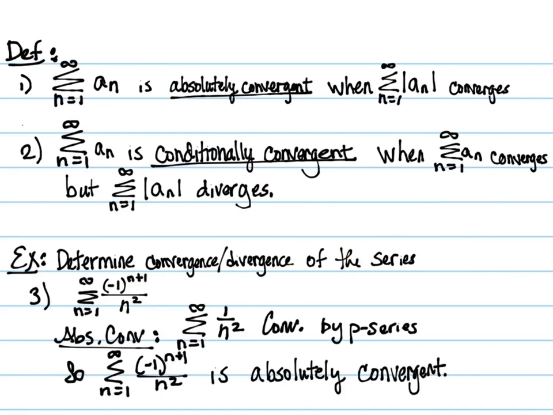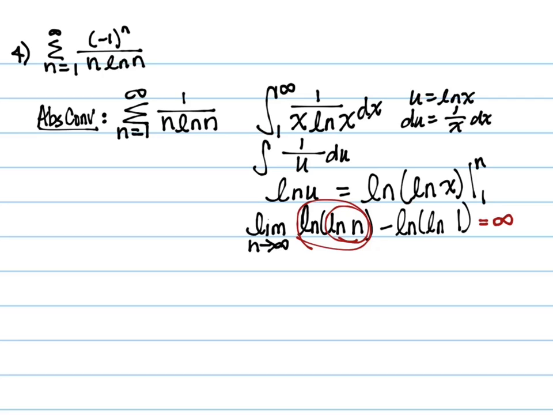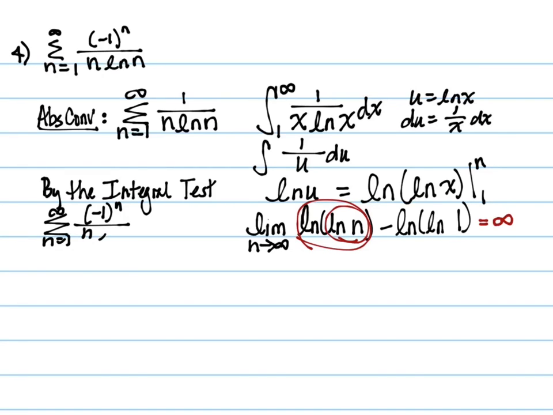So in particular, what we just found out is that it didn't converge, it diverged by the integral test. So by the integral test, the summation from n equal 1 to infinity of negative 1 to the n over n ln n diverges.